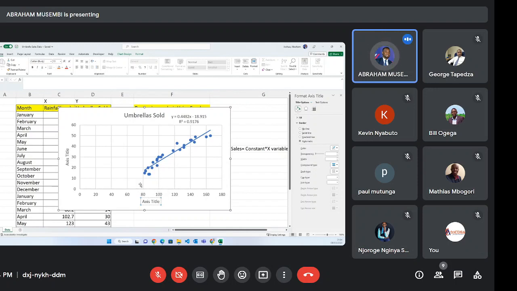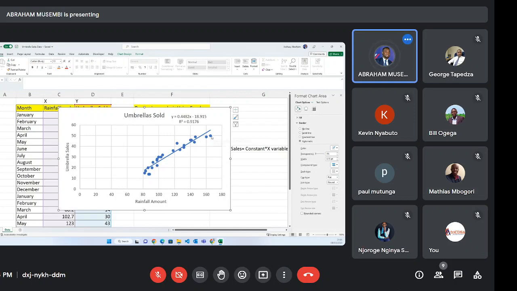Remember our x is rainfall, so here it is the rainfall amount, and this is our umbrella sales. From the data points, you can know which point belongs to which axis.